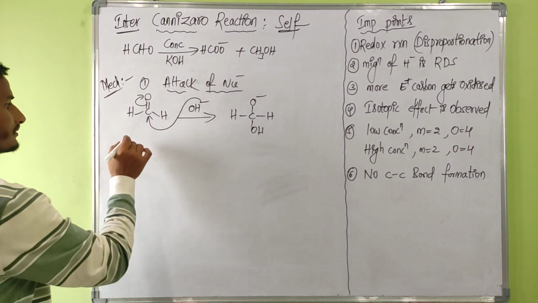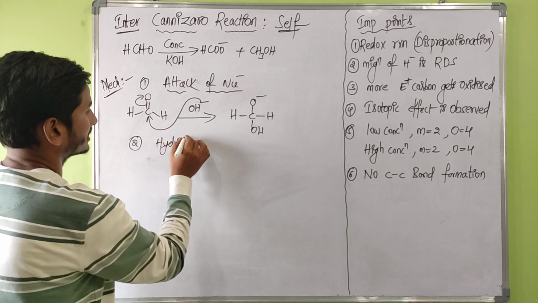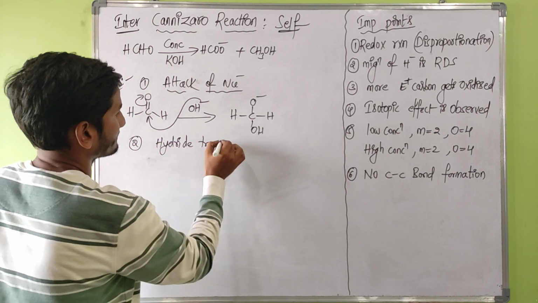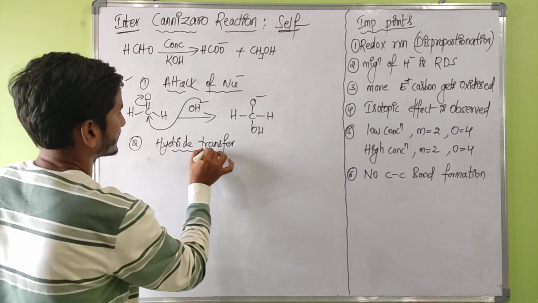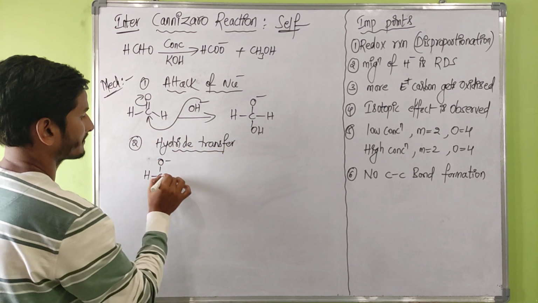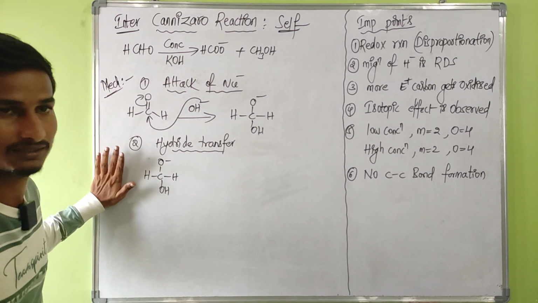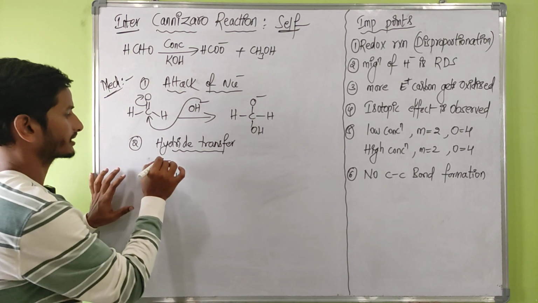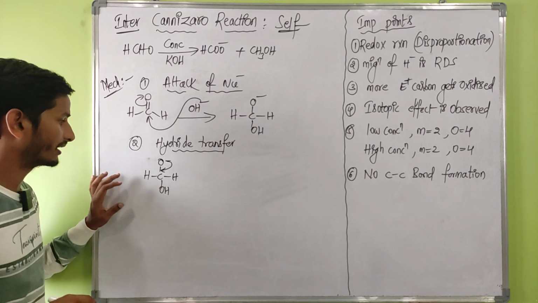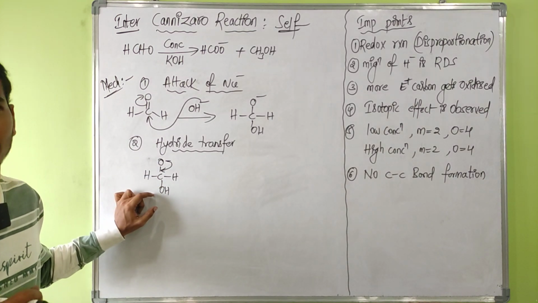Now coming to the second step, hydride transfer. Taking the same one here. Now the negative charge on oxygen gets involved in the conjugation. Among these, the hydroxide ion is a better leaving group.